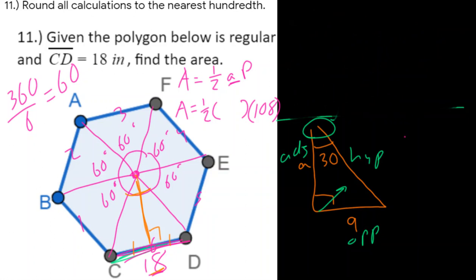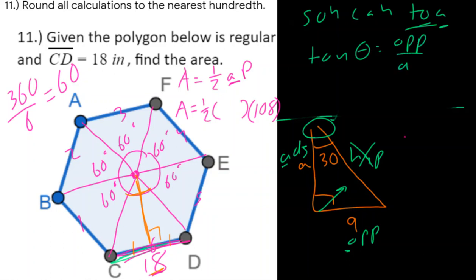When I think of SOHCAHTOA, well, I have my opposite and I have my adjacent, and of course we don't care about the hypotenuse in this case. And so now we have the tangent theta is equal to the opposite over the adjacent.